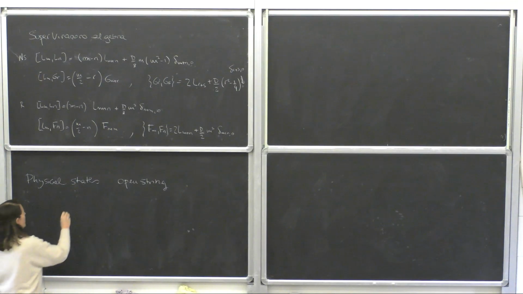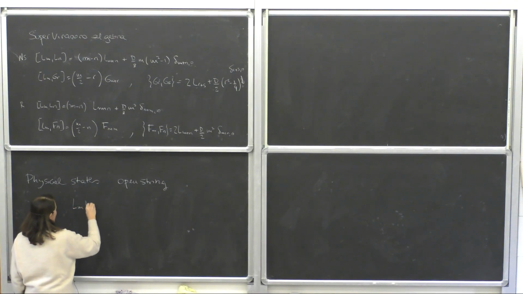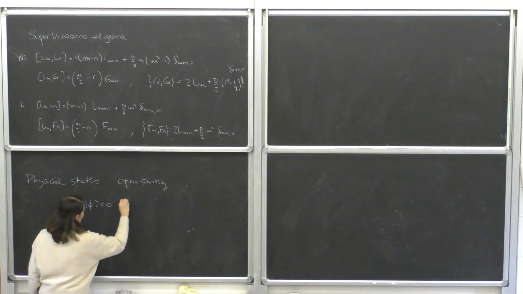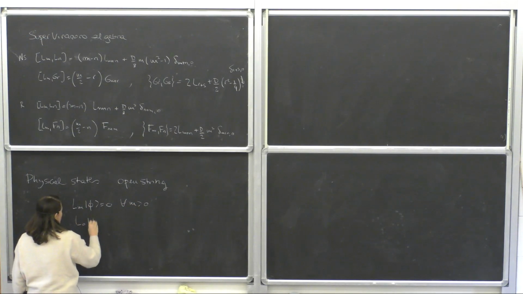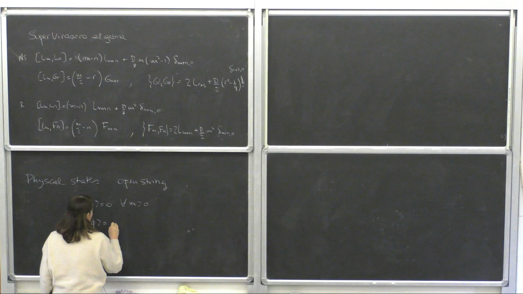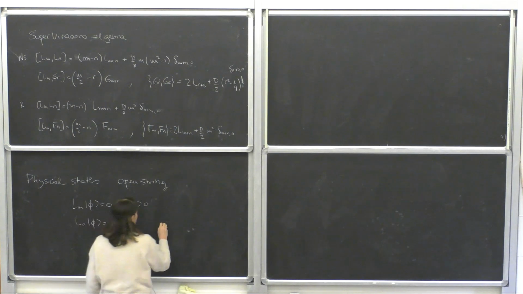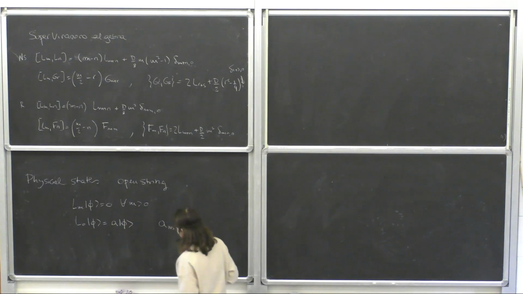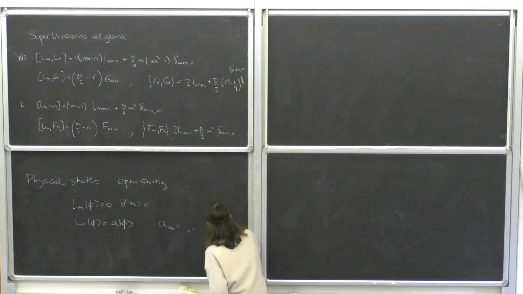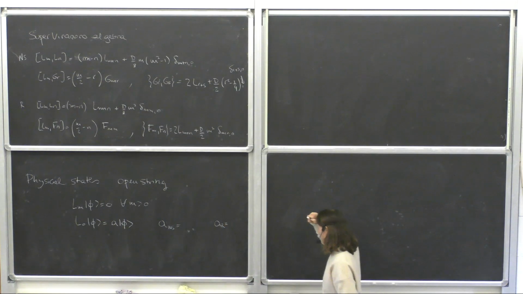The physical state conditions are L_m phi equals 0 for all m greater than 0, and L_0 phi equals a phi, a computation that is in the homework. So a depends on what sector you are in.